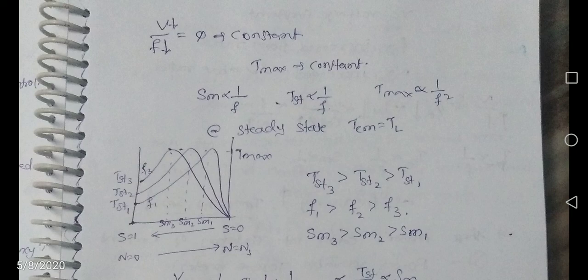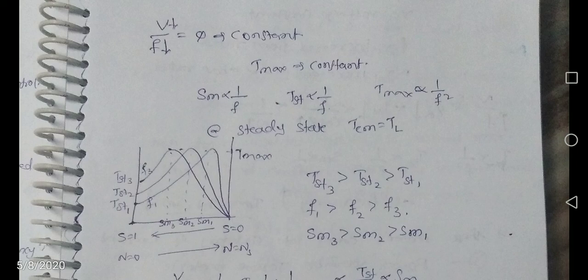In that condition, torque and slip are linear. The starting torques are 3, 2 and 1, for the F1, F2, F3 variations.